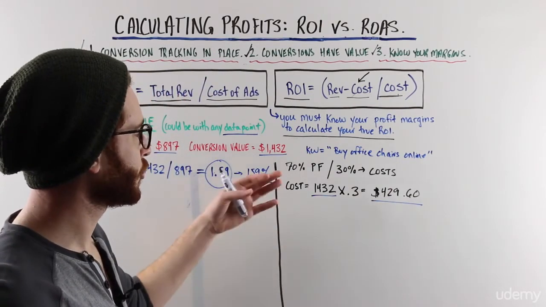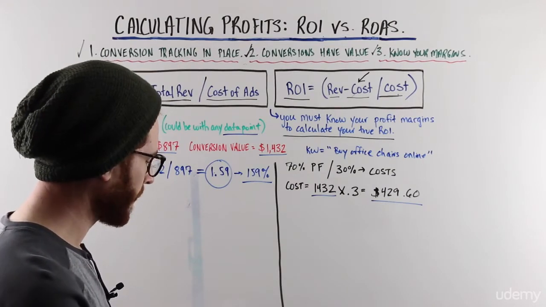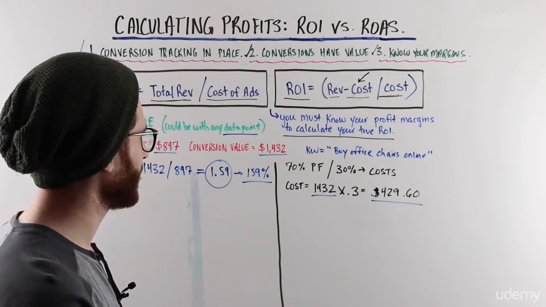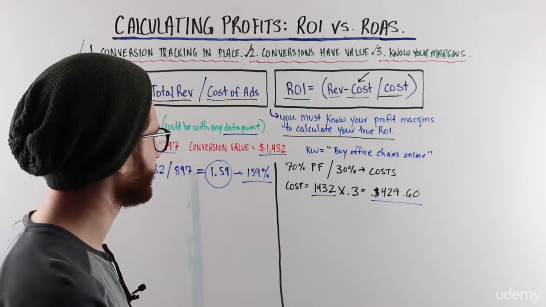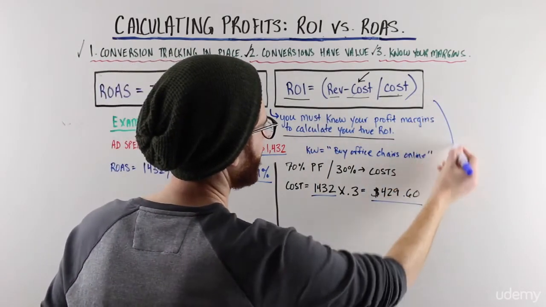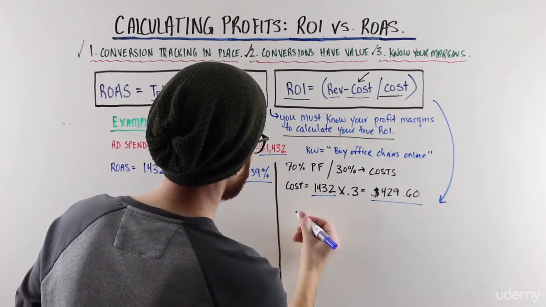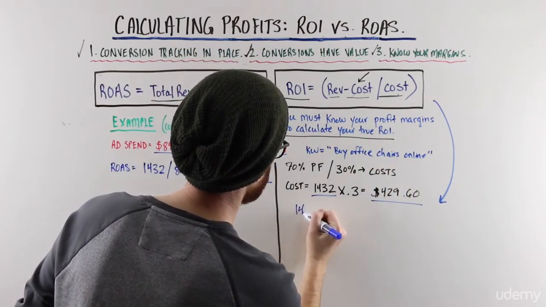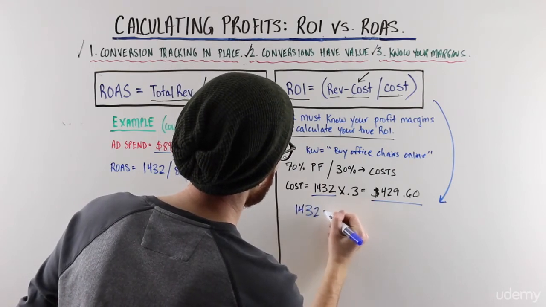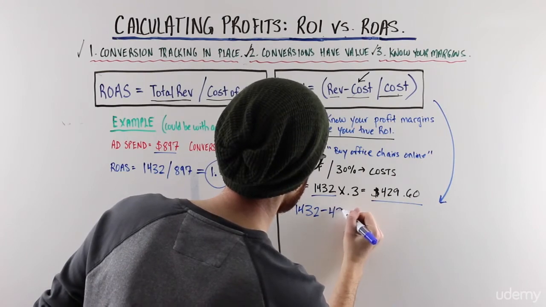And now, once we created a calculation to determine our cost based on the total revenue, we could simply go ahead now and create our ROI calculation. Because now we'll do revenue minus cost. I'm going to plug in this formula down here. So revenue minus cost is 1432 minus 429.60.